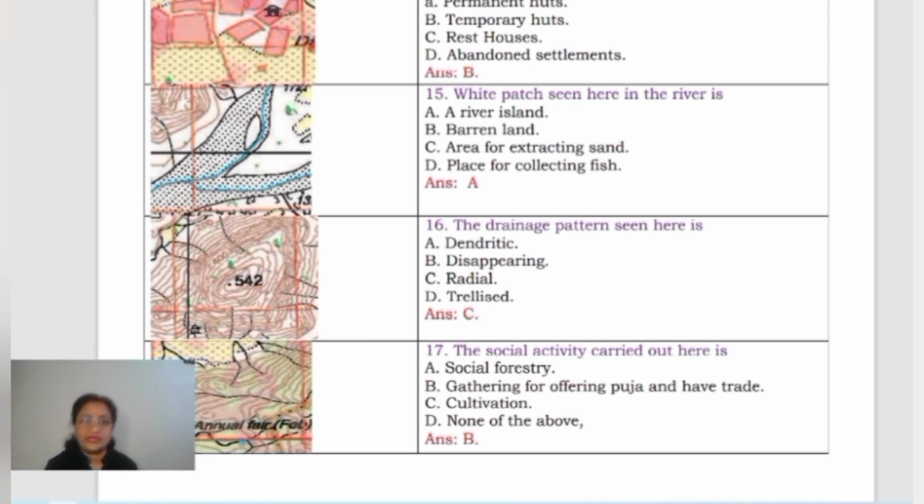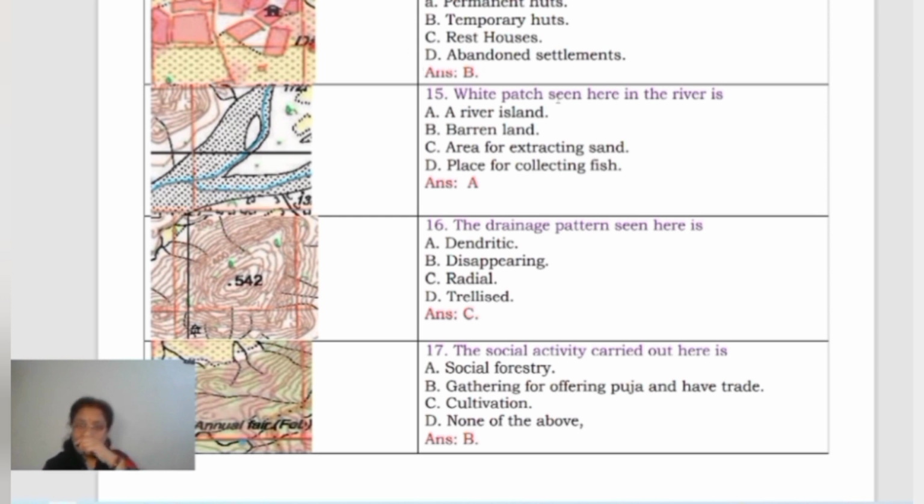When we show permanent huts, it is always filled like this, with red inside as well. But here, if we are getting these small huts, these are totally temporary huts. So B option is correct in this case.